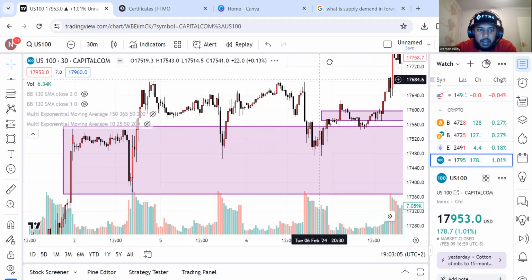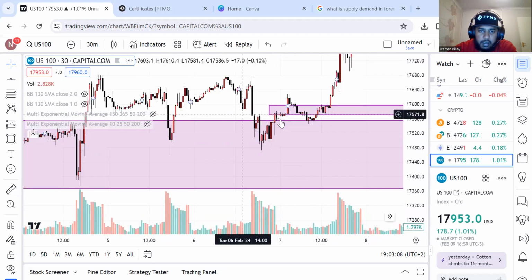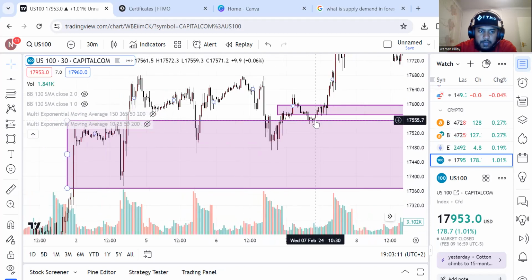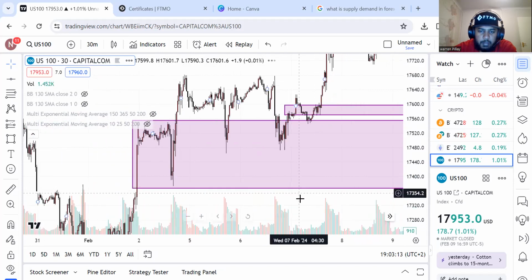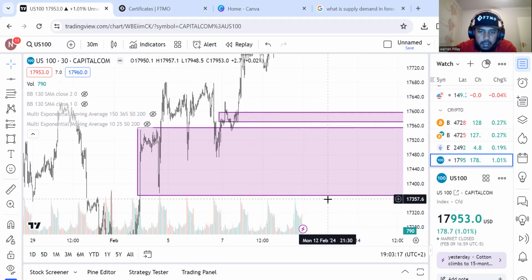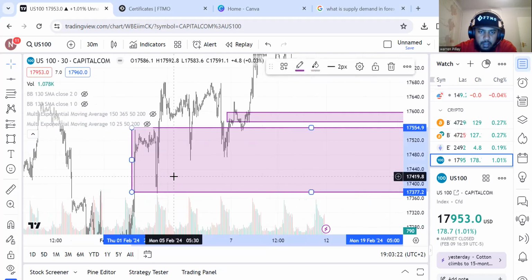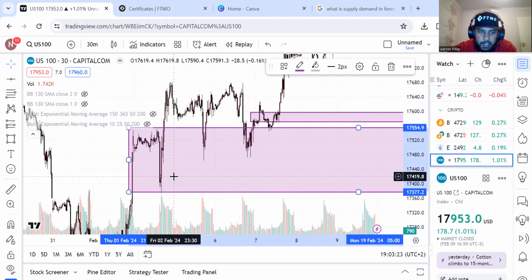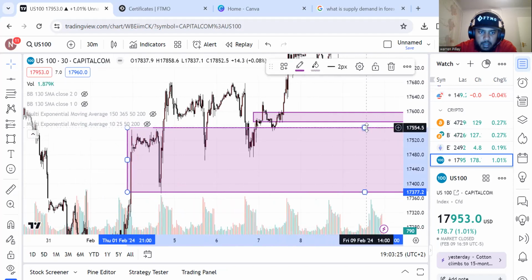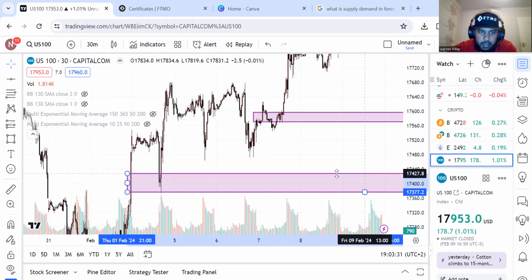Then if I look here, I can reduce this demand level. It's a very big area. I can reduce this area to where price moves very violently, to around this area.